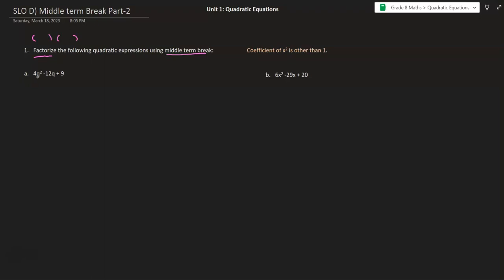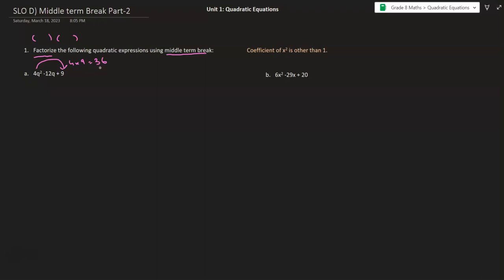So this is the expression 4q square minus 12q plus 9. The first step is basically we have to multiply 4 with 9. So that's 4 into 9, we multiply it, and then we have 36, right? Now I have to see the possible combinations of 36.